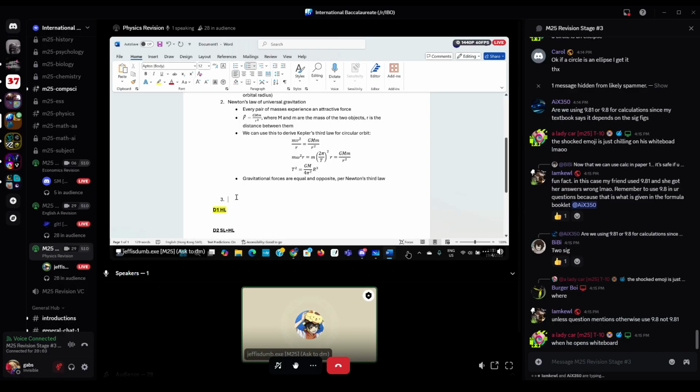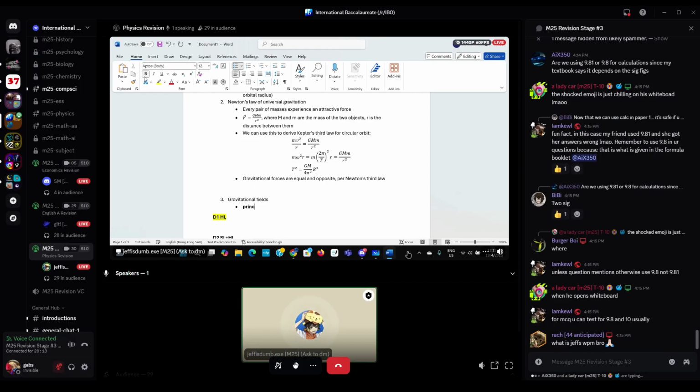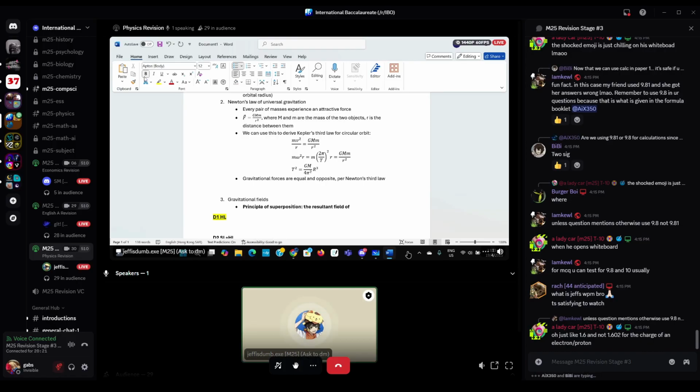So now we're talking about gravitational fields. Here is one important thing about all fields: the principle of superposition is that the resultant field of multiple objects is the sum of the fields from individual objects.